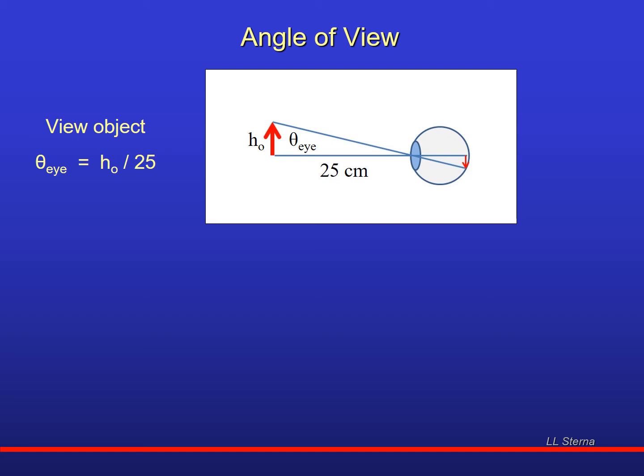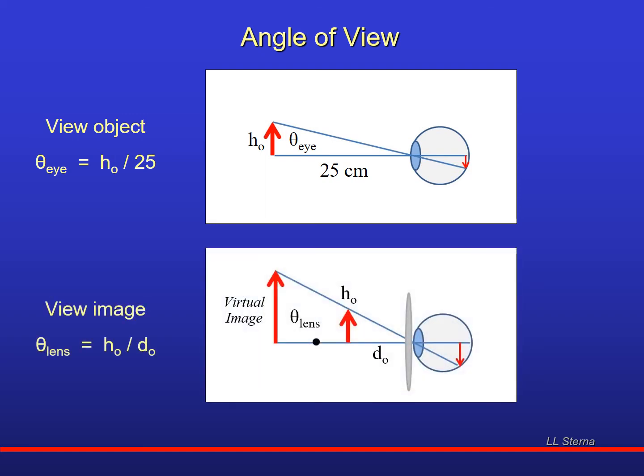What if you want to look at something very small? It's still too small. How can I make it bigger? So I'll bring it closer. But if you bring it closer, you can't focus. But then you remember, if I use a converging lens, I bring the object closer, I make a virtual image further away.